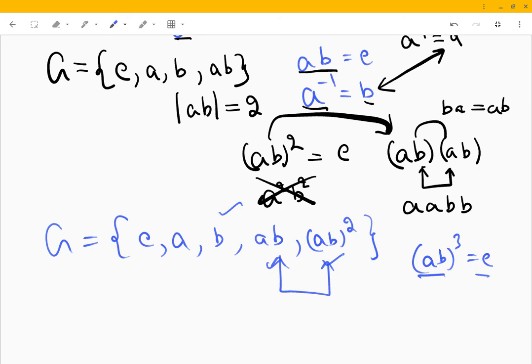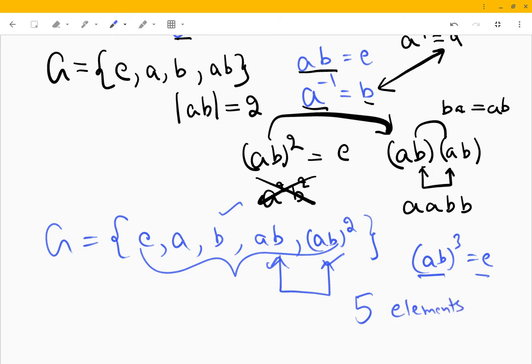Okay, I was confused, but then I recalled that I'm making this group with 5 elements, and 5 is a prime number.